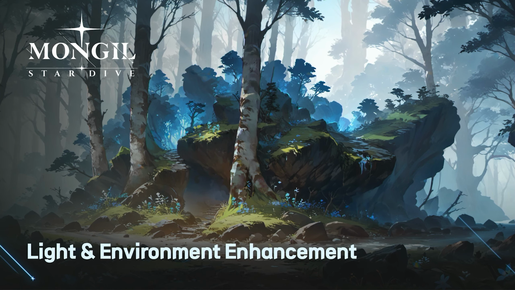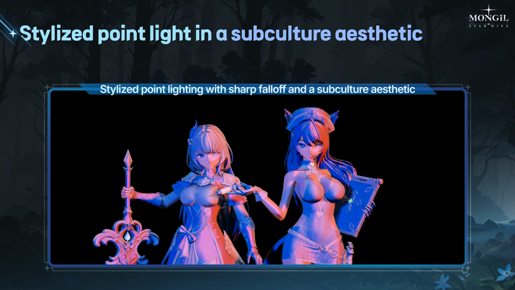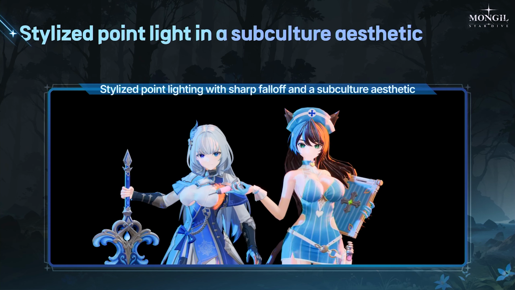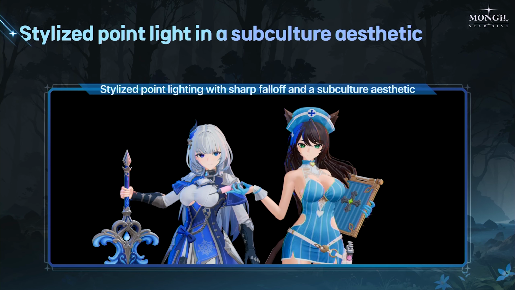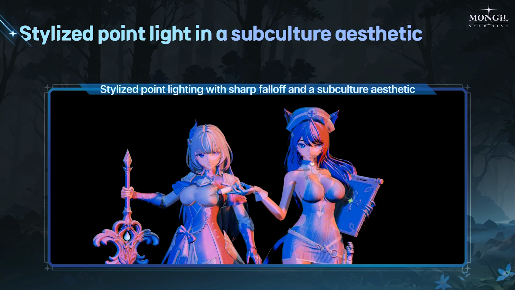In the final chapter, we'll take a look at additional light enhancement techniques and environment enhancements. Normally, standard point lights don't create the kind of sharp, clip-like edges seen in animation. They have natural fall-off and a smooth spread, which doesn't suit the stylized look of subculture or toon-style games.